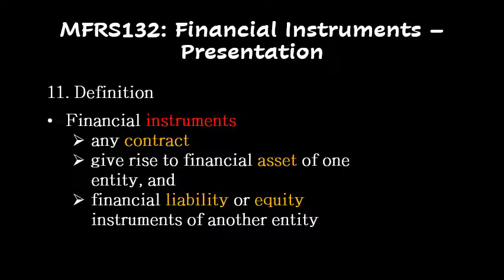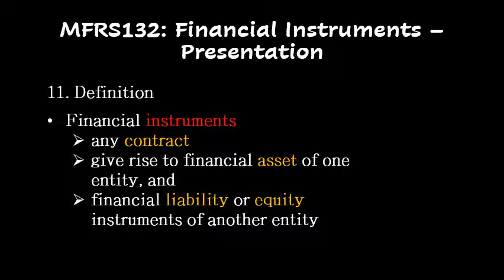The contract should give rise to a financial asset of one entity and, at the same time, a financial liability or equity of another entity. So there should be two different entities, and within the context of this standard, entity here refers to not just firms but also individuals.